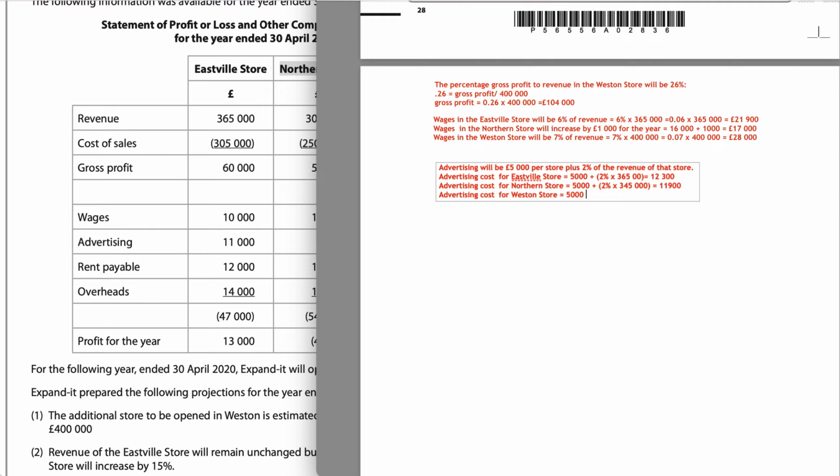It is equal to 5,000 plus 2% of its revenue, that is 400,000. So that is equal to 13,000.